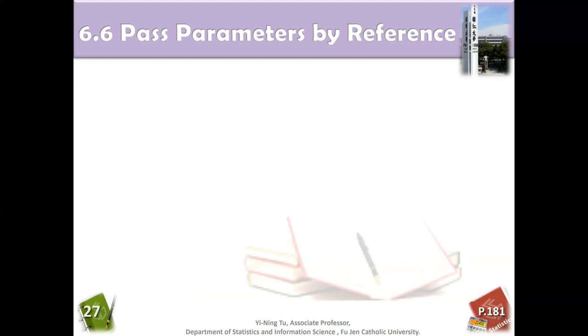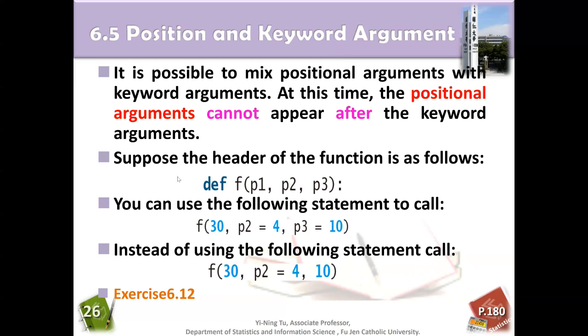You can check, because we cannot use a positional argument after a keyword argument. If the situation is like this, it would not be acceptable. Once a keyword argument appears, the following ones have to be keyword arguments, they cannot be positional. If you want to use positional ones, please put them before the keywords. Okay, next.